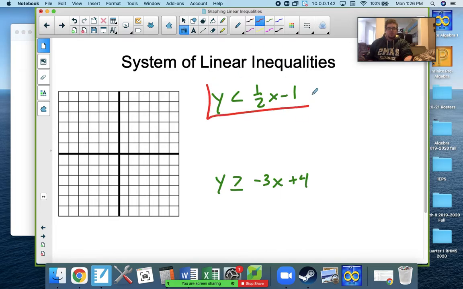I'm going to graph this first one in red. I start down 1. Then I go up 1, right 2, up 1, right 2, up 1, right 2. Before I draw the line, I'm going to decide dotted or solid. Because of the less than, it's just dotted.